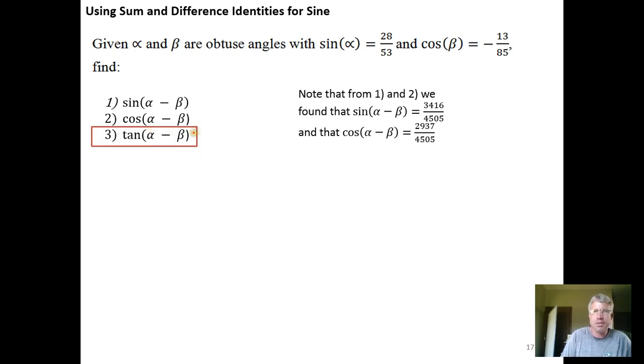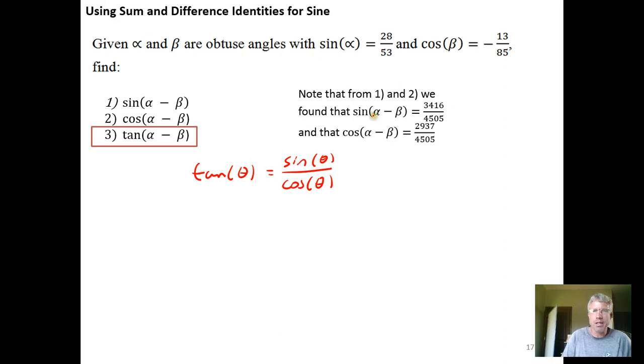So to get the tangent, what we want to recognize is that we have a ratio identity. We know that the tangent of any angle is just equal to the sine of that angle divided by the cosine of that angle.